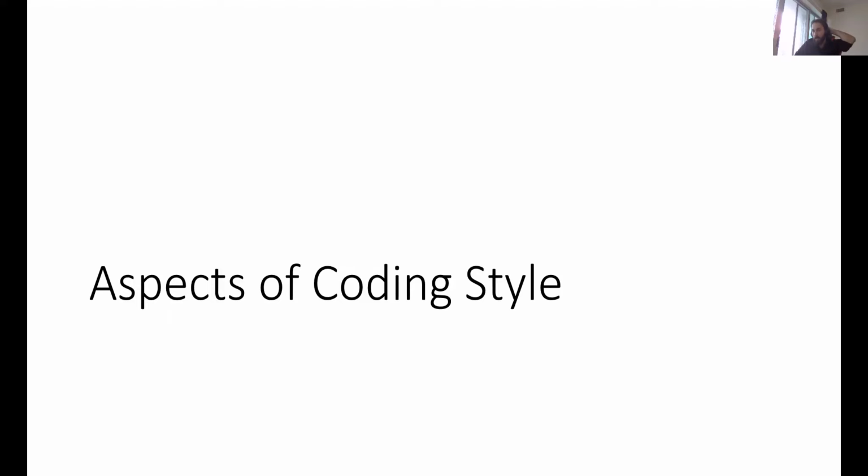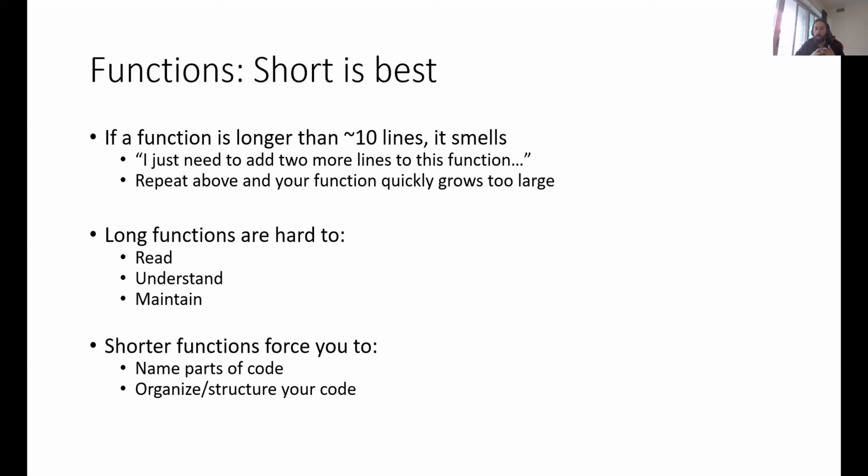Okay. So first of all, let's talk about how to reduce the cognitive load. How do we reduce the length of the function in general? The first aspect that you should look for, especially when coding milestone 1 or future milestones, is that if a function is longer than around 10 lines, then it's not good code style.